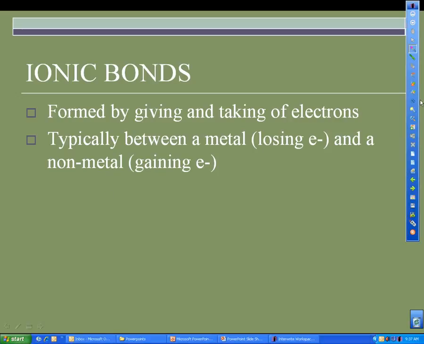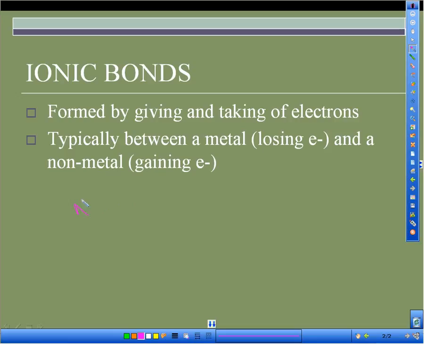So if you look at sodium, sodium is 1s2, 2s2, 2p6, 3s1. So it's got that one valence electron, 3s1, so that's its electron dot diagram.